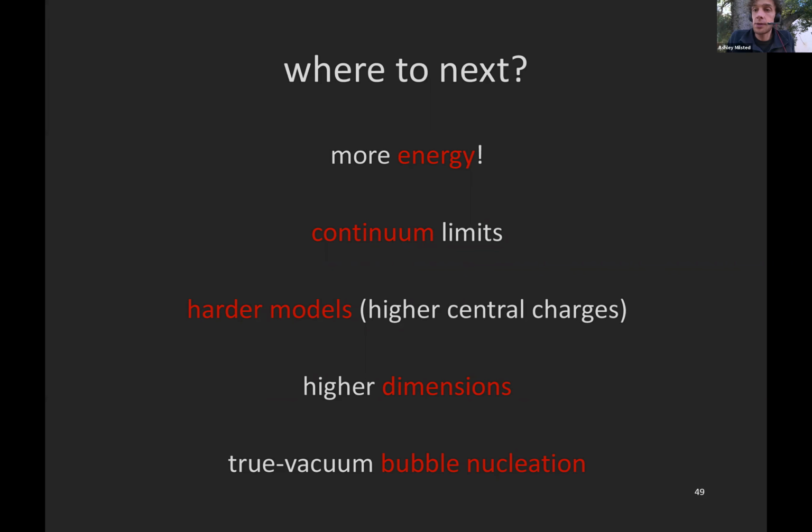And of course, you could potentially extend this to higher dimensional systems. One other thing that will be interesting is looking at how bubbles of true vacuum can begin their life, like tunneling processes or other bubble nucleation processes, which would shed some more light on the dynamics of these vacuum bubbles.